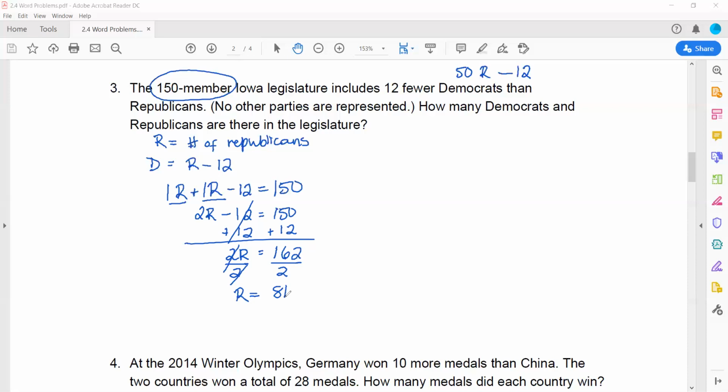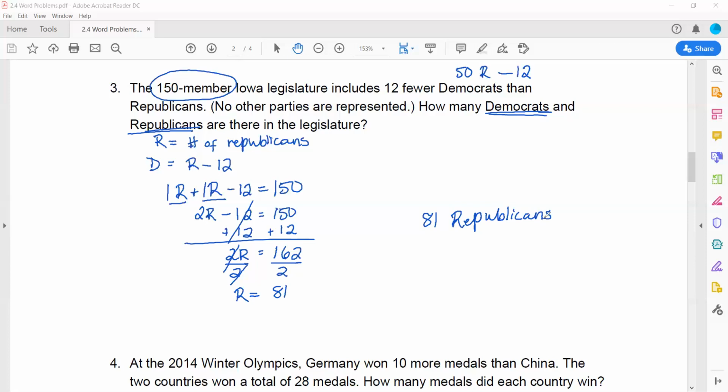So this is one where it's really important that you fully answer the question and don't leave it as just R equals 81. We wanted to know how many Democrats and Republicans. We know that there are 81 Republicans. And so this one, I'm not going to write this out as a sentence. I'll just put how many we have of each.